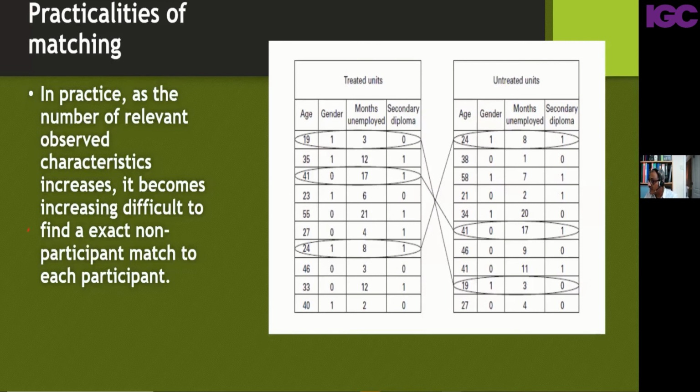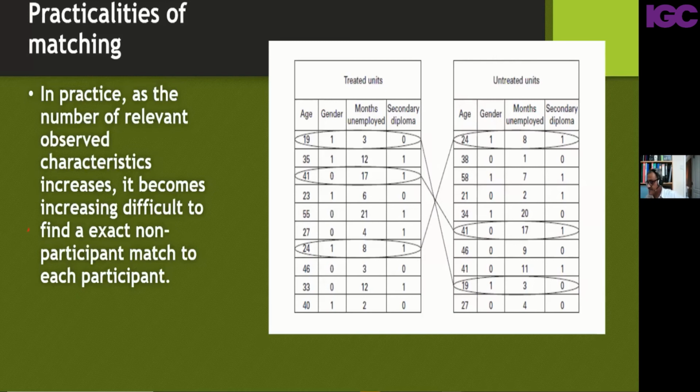Now, if you have got a large number of variables which influence participation in the program, and mind you, these are all variables which influence participation, then of course getting exact matches like we have in this example will generally not be feasible.